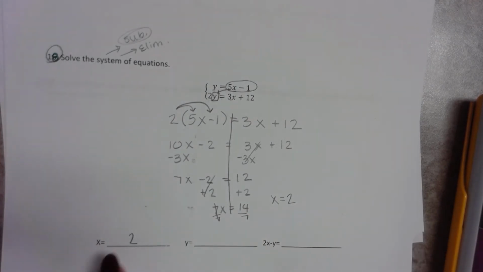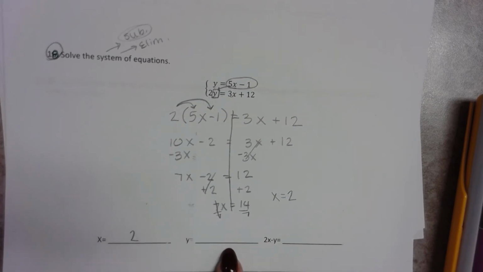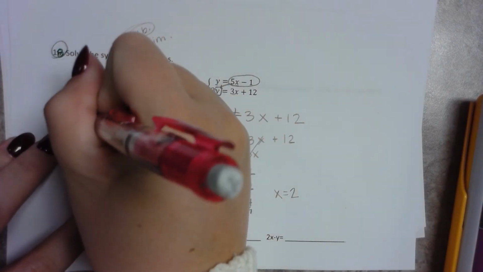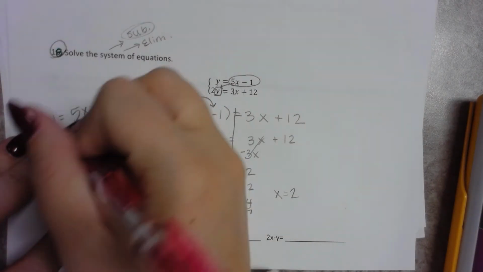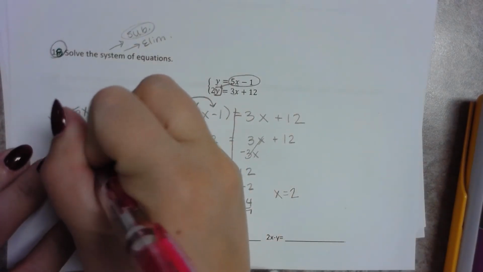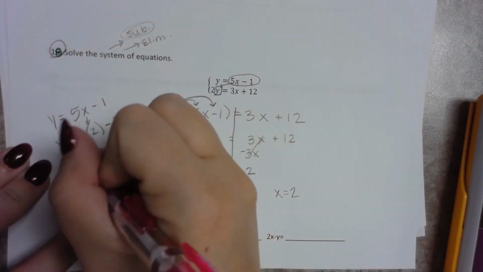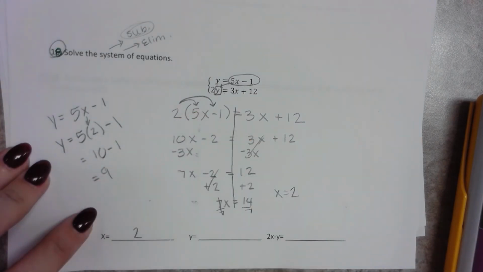So we're not done, because I need to find x, y, and then 2x minus y. So now that I know x is 2, now we need to know y. Well, if we look here, y equals 5x minus 1, and we just found out that x is 2. So y equals 5 times 2 minus 1, which gives us 10 minus 1, which gives us 9.